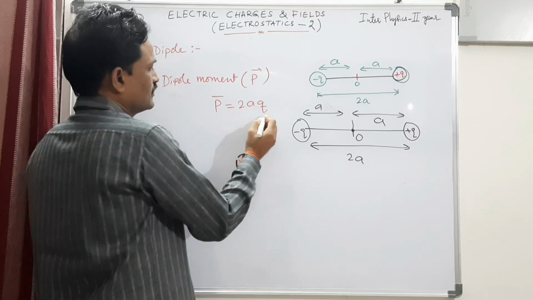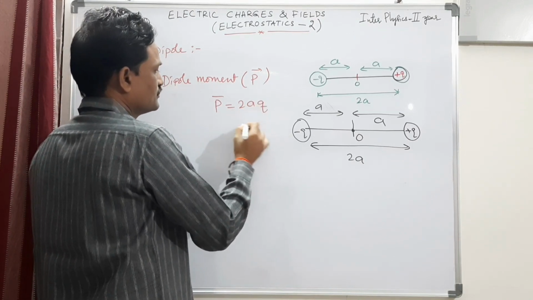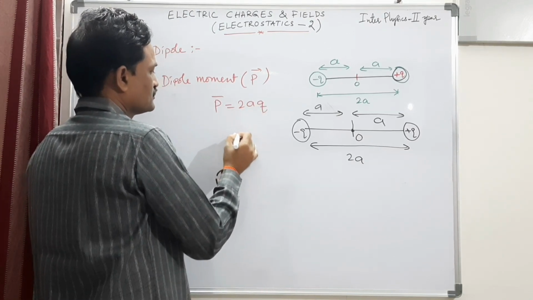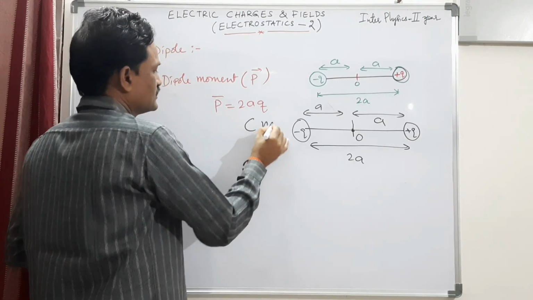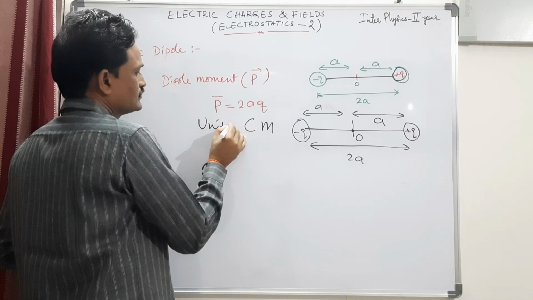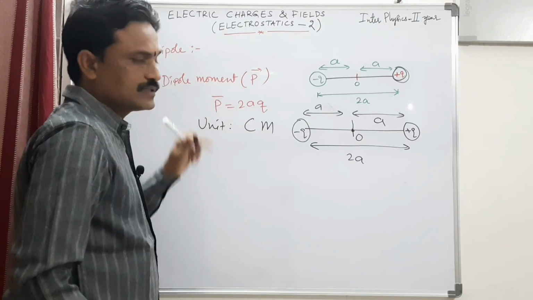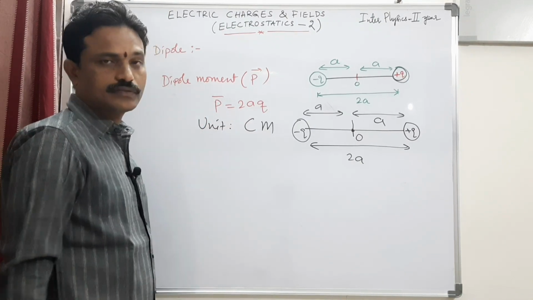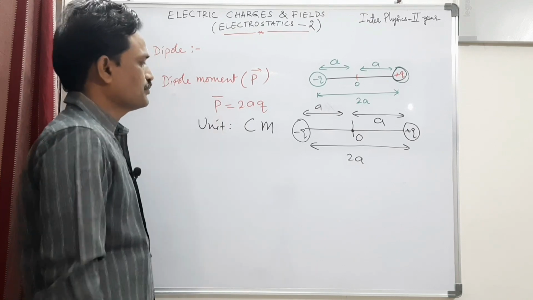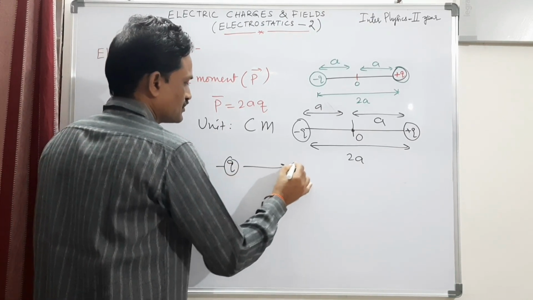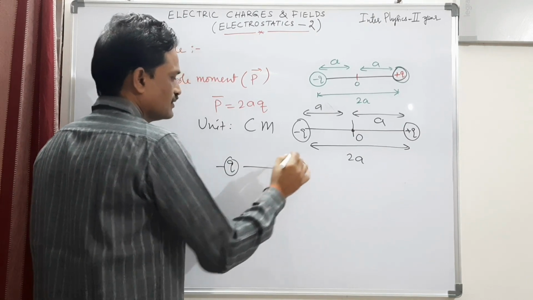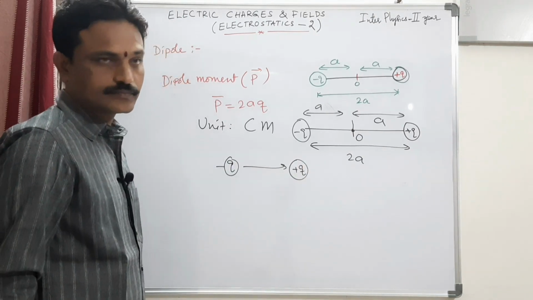The unit of charge is coulomb and the distance is meter, so its unit is coulomb meter. Since it is a vector, the direction of the dipole moment is always taken from minus q to plus q. This is the convention that we have to adopt.